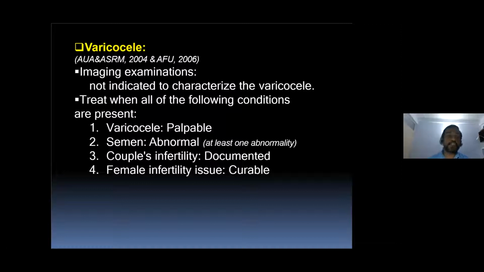And the treatment of varicoceles is indicated only if the varicocele is palpable and in a patient with abnormal seminal fluid analysis with a documented history of infertility, and when the female partner does not have a non-curable fertility issue. So in those situations only, the treatment for varicocele is indicated.